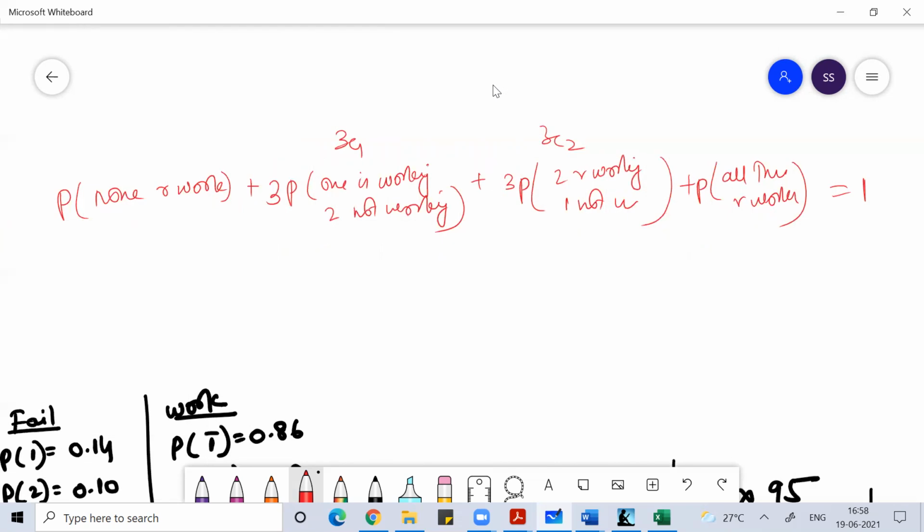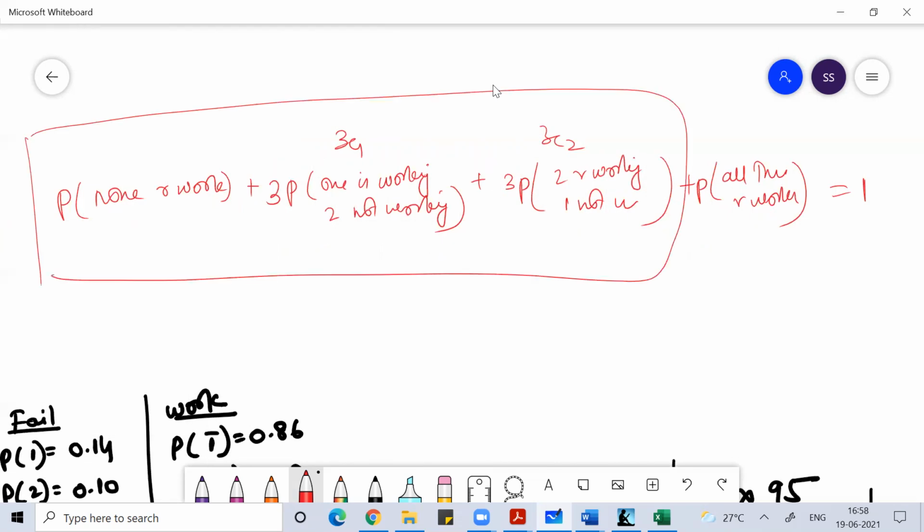So the machine will not work in all these scenarios: either none of the components are working, or one component is working and the other two are not, or two are working and one is not working. I hope you understood this.